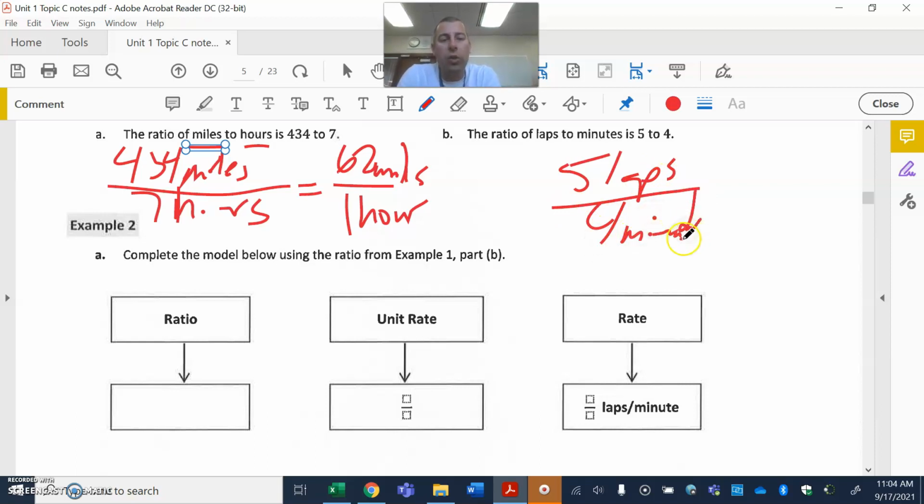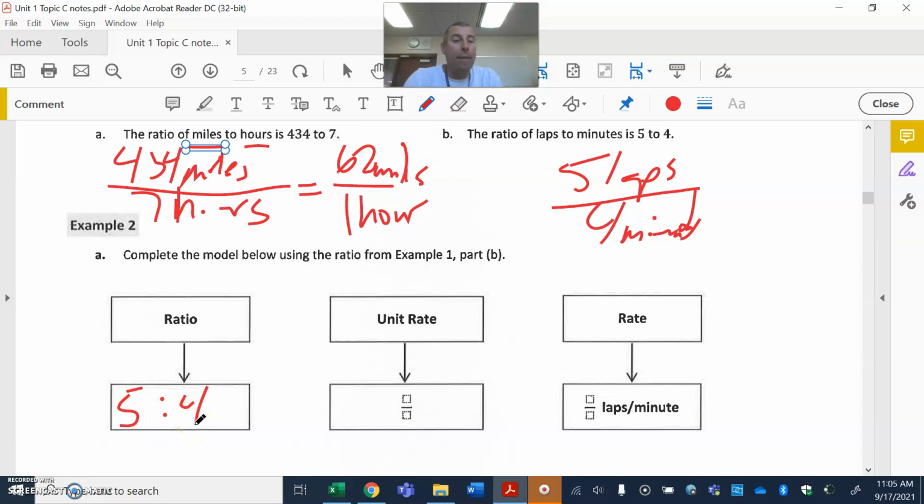What we want to realize here is that there's different ways of writing it when we don't get crisp, clean numbers. First of all, decimals are okay. We've dealt with decimals when we talk money, so it's not an issue. But sometimes it just doesn't work out, and we want to understand what it looks like as a unit rate. So, in this particular case, the 5 laps in the 4 minutes, well, that's my ratio, 5 to 4.